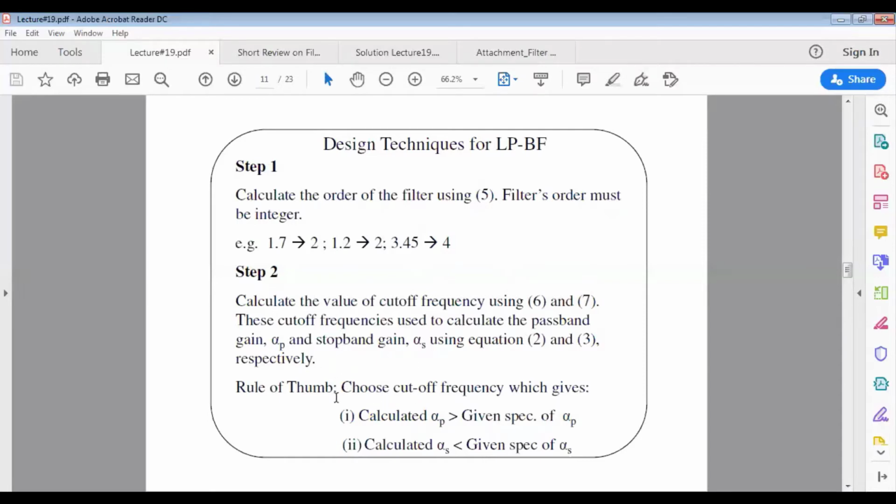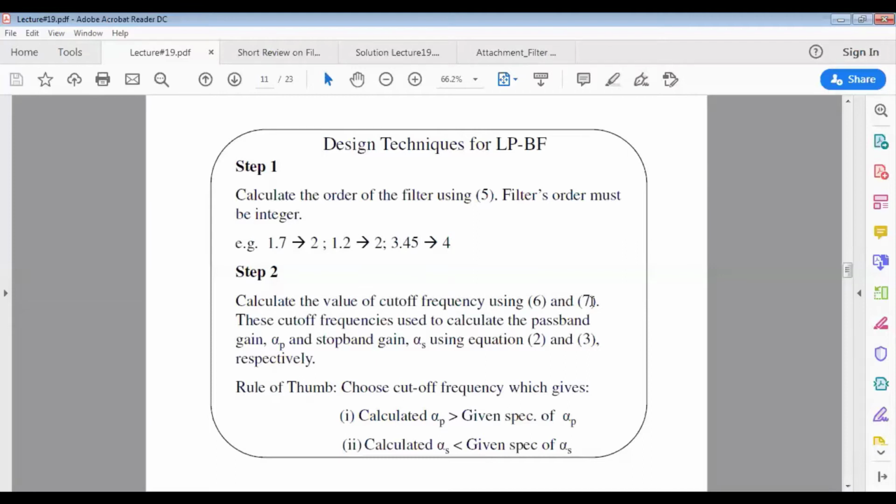Remember that from equations 6 and 7, we are supposed to have 2 different values of cutoff frequencies. Equation 6 gives the cutoff frequency obtained from the passband information, alpha P and omega P. Equation 7 gives the cutoff frequency obtained from the stop band gain and stop band frequency.